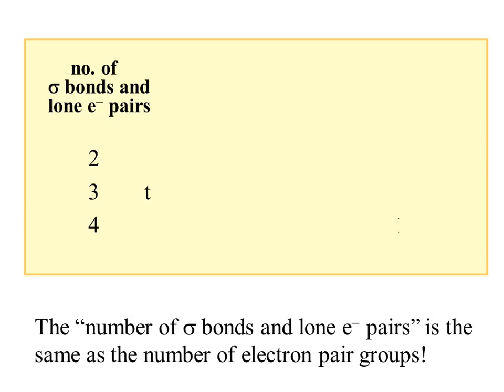Fine. So again, what are we counting? We are counting sigma bonds and lone pair electrons. Pi bonds are important. They give octets, but they don't give shape.